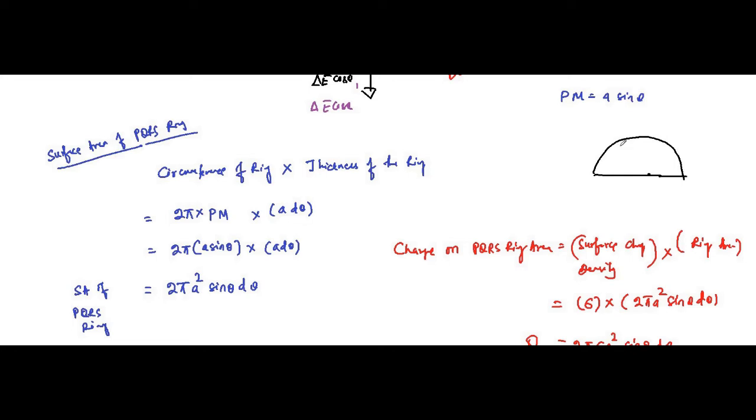We are converting this whole thing into n such small rings, and we are performing the integration. Now here we are considering both halves, left half and right half.